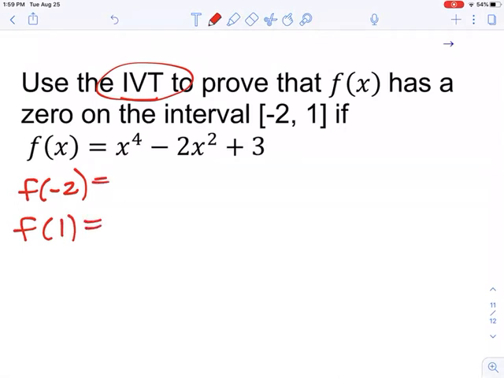Okay, so the intermediate value theorem deals with y values. So let's figure out the y value at -2 and the y value at 1. So just go ahead and plug in -2 to this and then plug in, excuse me, +1.